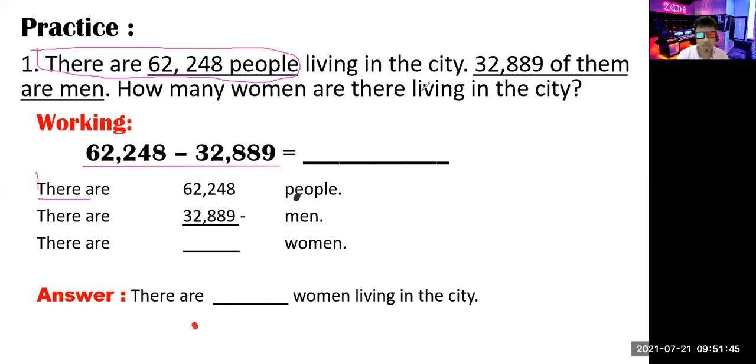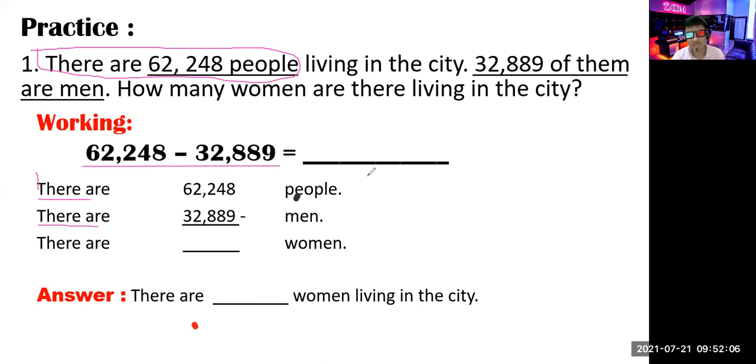And then the second one, there are how many men? There are 32,889 men. So you will write here, there are 32,889 men. And then the question here is, how many women are there living in the city?